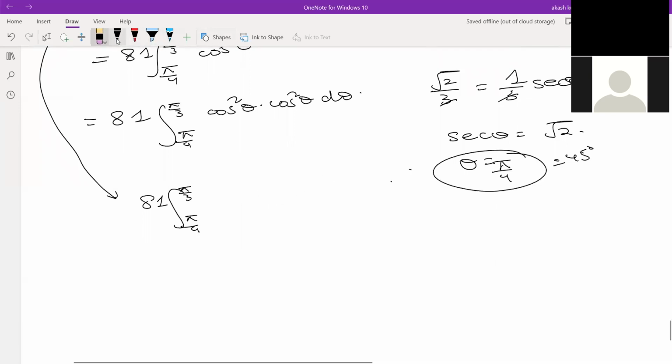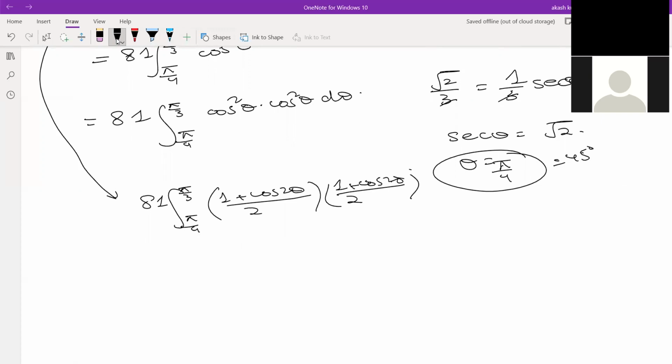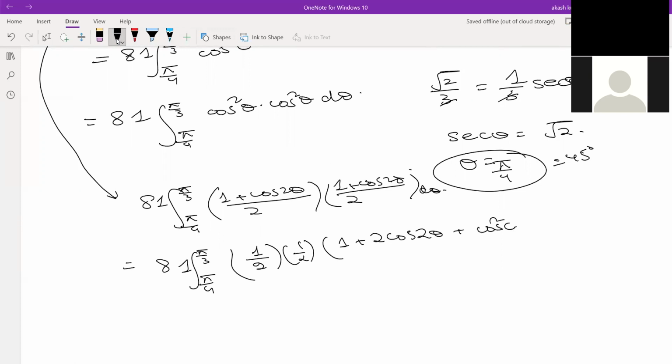We have to apply the double angle identities for cos square theta. So the double angle identity for cos square theta is 1 plus cos 2 theta over 2. And cos square theta is 1 plus cos 2 theta over 2 multiplied with the d theta. Taking 1 over 2 outside and multiplying, 1 plus 2 cos 2 theta plus cos square 2 theta.